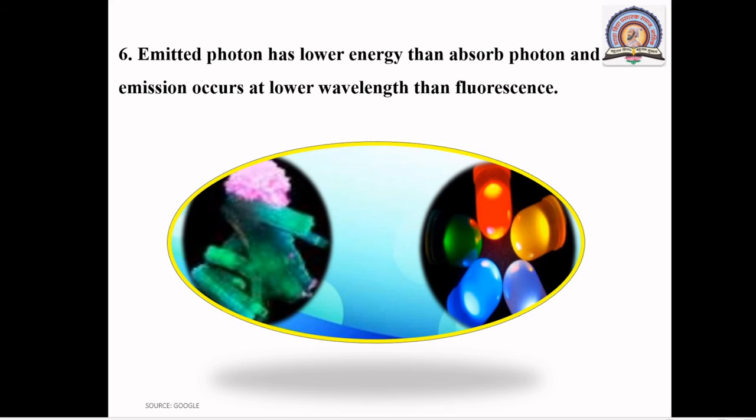In fluorescence, the time period of absorption and emission of energy is very short, while for phosphorescence, the time period of absorption and emission of energy is comparatively large.